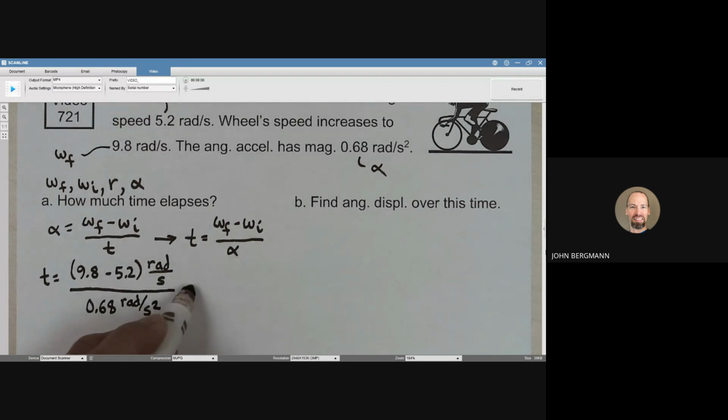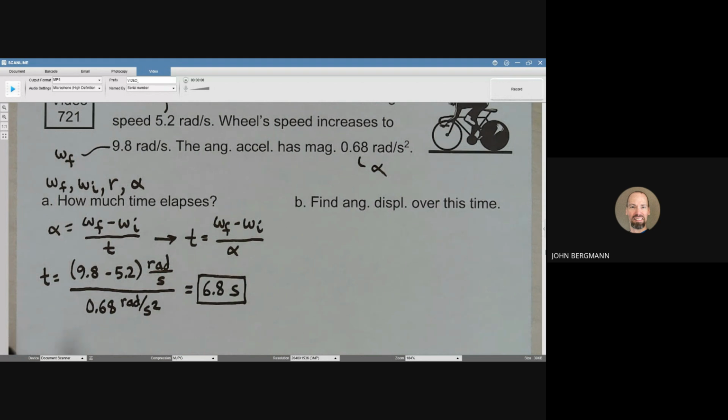Now, it might be a little tricky for you, but if you think long enough, you'll realize that if you take radians per second and divide by radians per second squared, you end up with the unit seconds. When I did that, I got 6.8 seconds. From the time when we tune in till the time we tune out, it's 6.8 seconds.